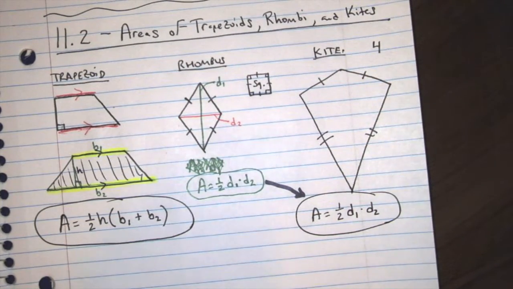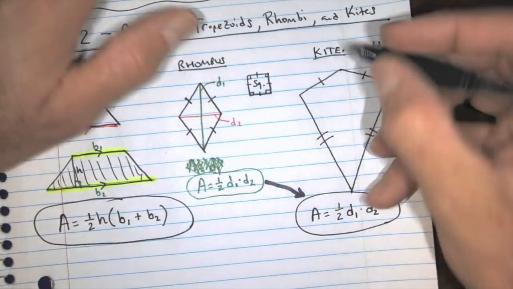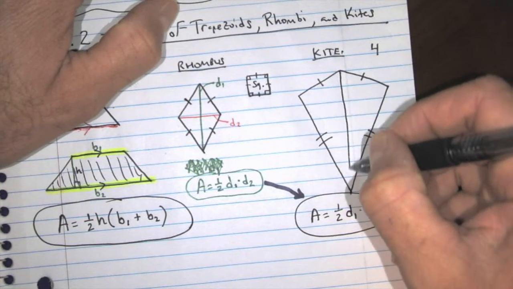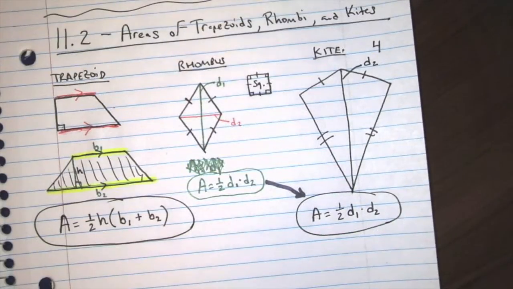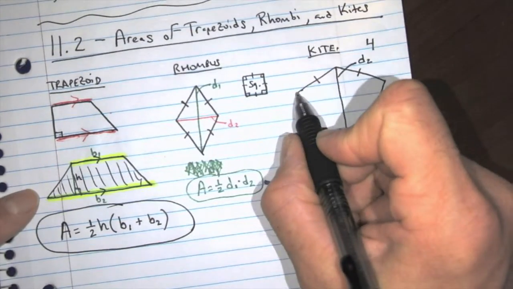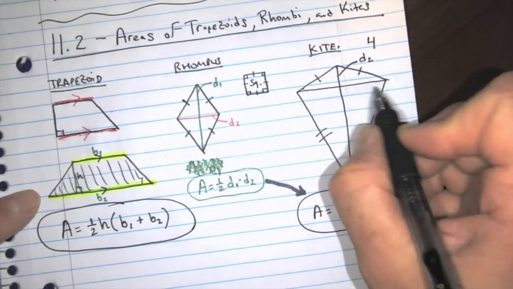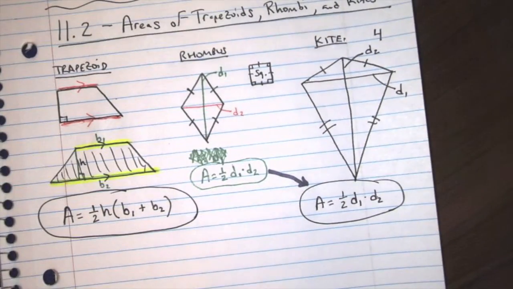It is the exact same thing, people. Area equals 1/2 d1 times d2. So draw the diagonal. There's d1 or d2. It doesn't matter. I'm going to be different. I'm going to put d2. And then let's draw the other diagonal. That's going to be d1. So 1/2 d1 times d2.